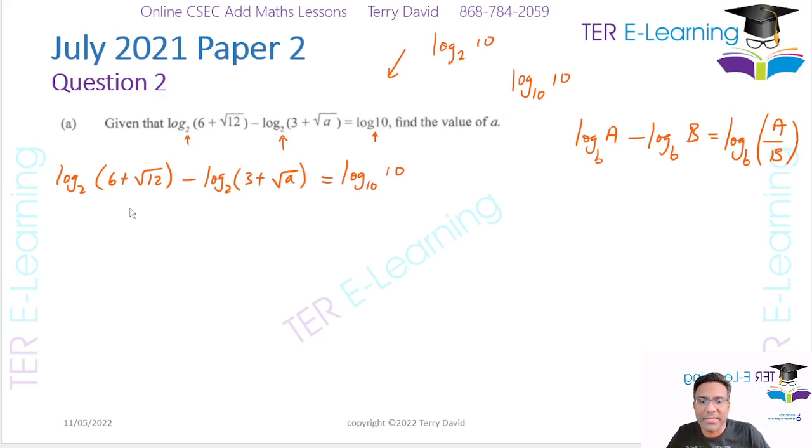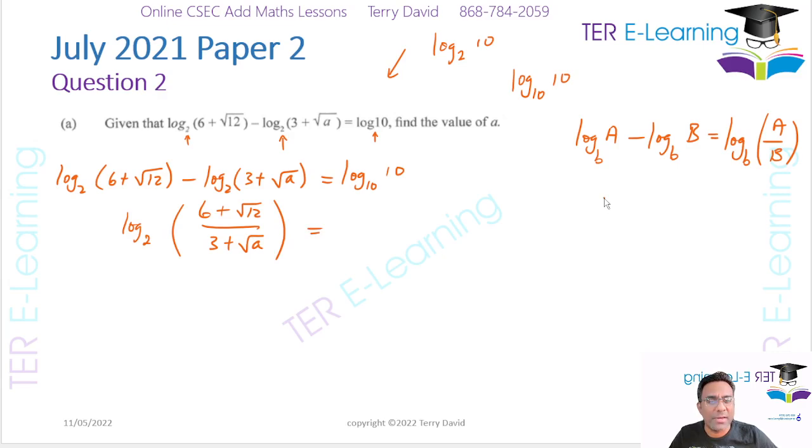So on the left hand side, I am going to write this as log to base 2 of (6 plus root 12) over (3 plus root a), is equal to log to base 10 of 10.